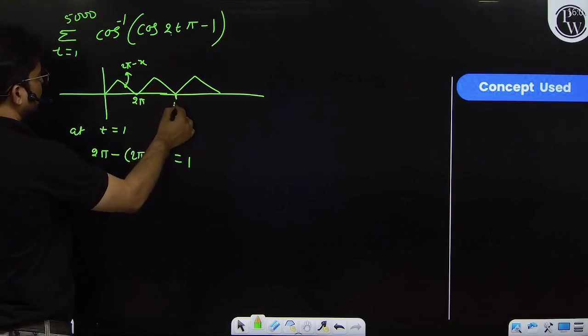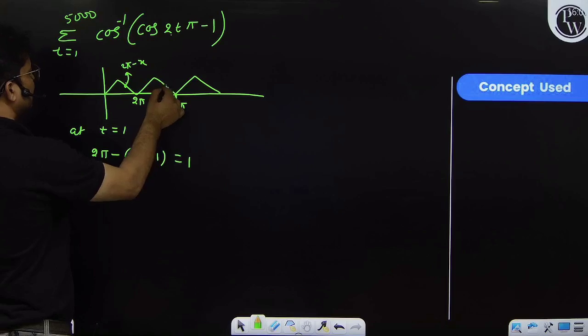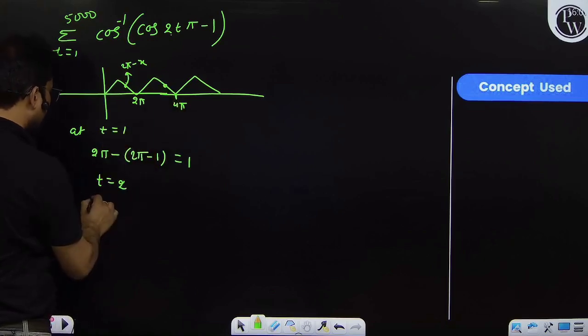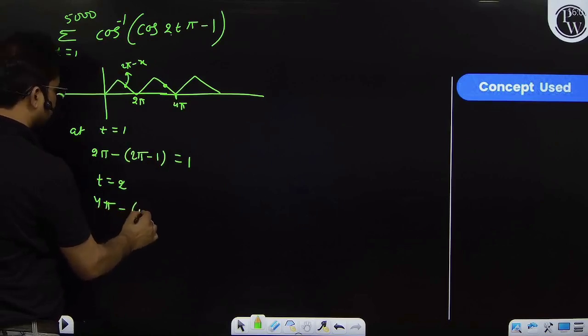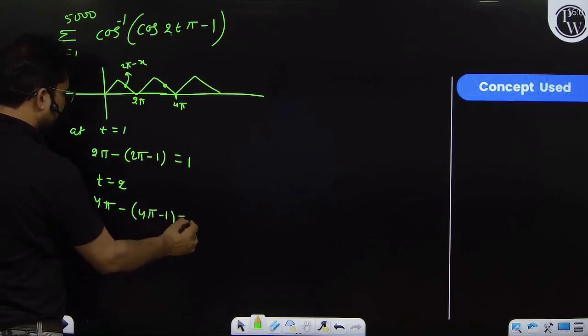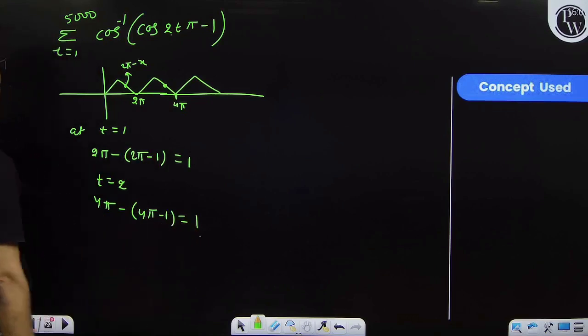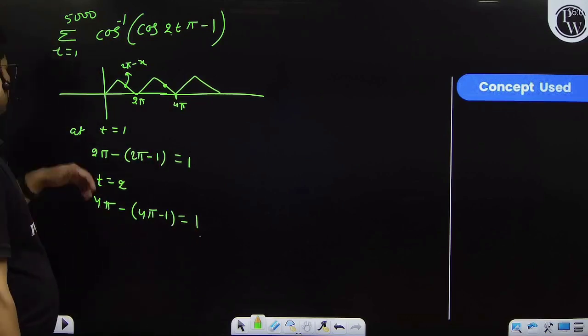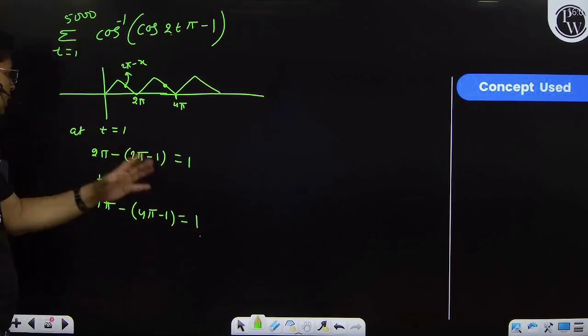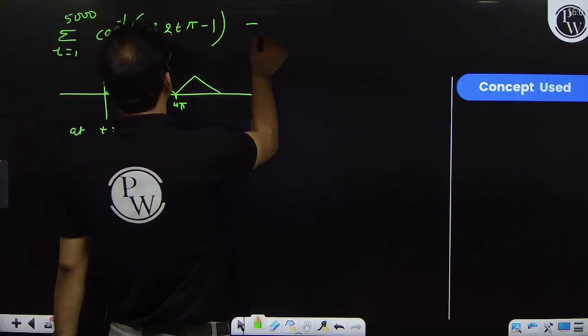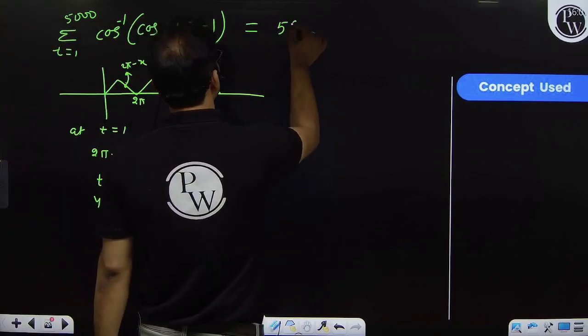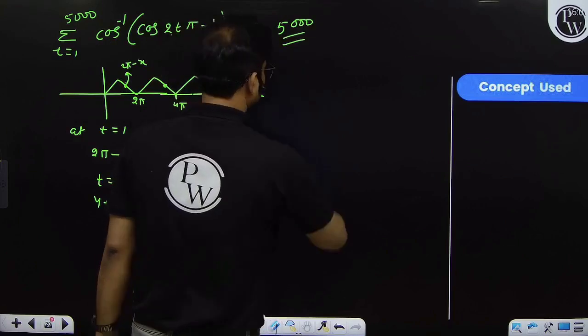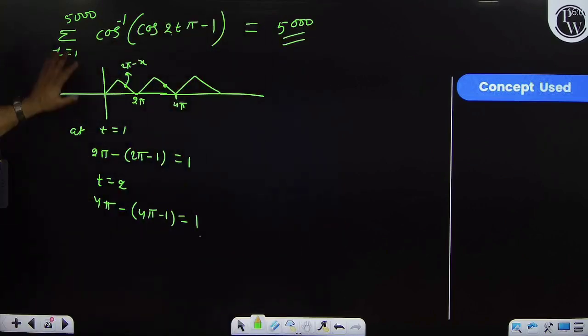This is the point 4 pi. 4 pi minus 1, this is the value. And now value will be 1. For each value, what we have seen, the value is 1. Therefore, sigma of this is nothing but 5000.